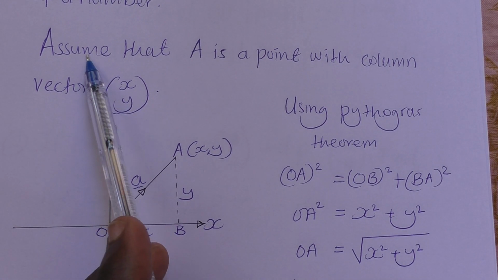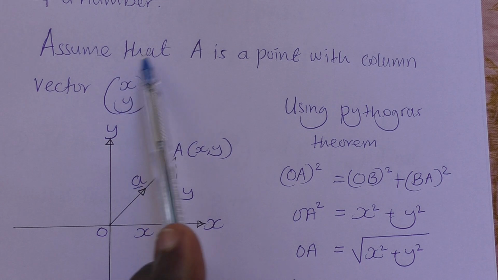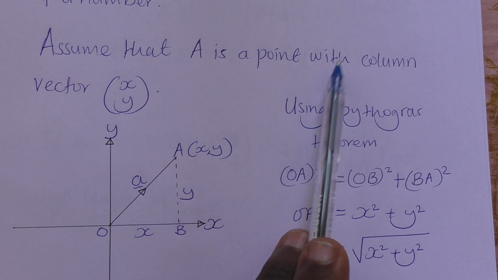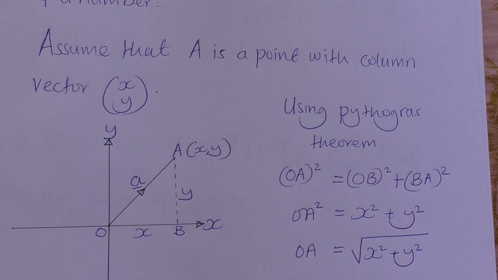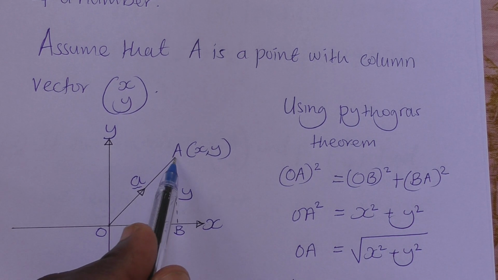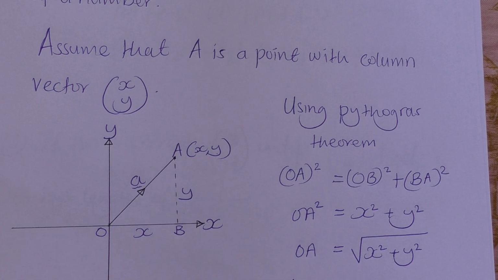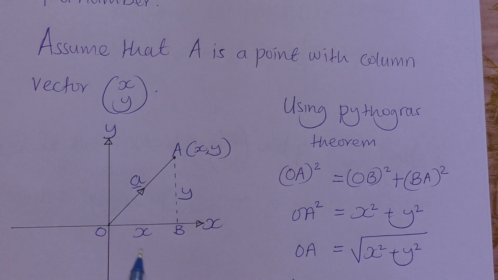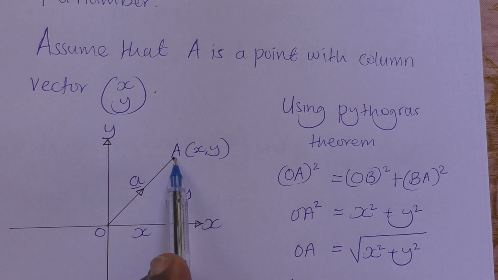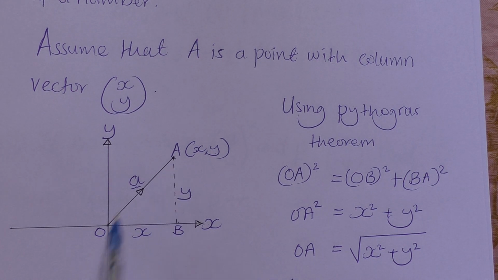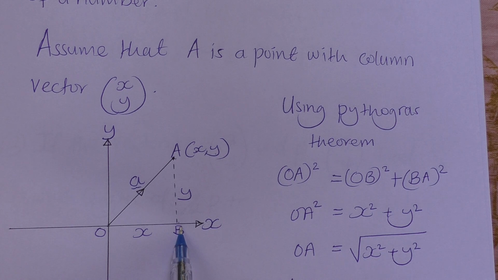Assume that A is a point with a column vector (x, y). This is our point A at (x, y), meaning that it has been displaced through y values vertically and through x horizontally.